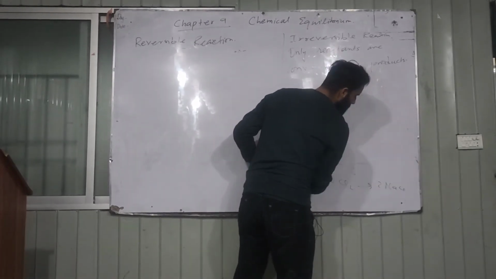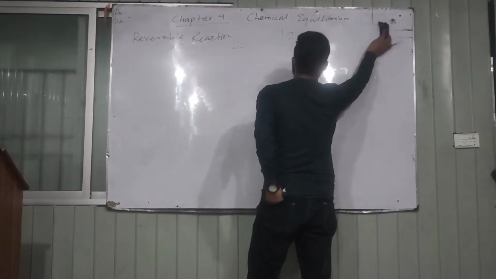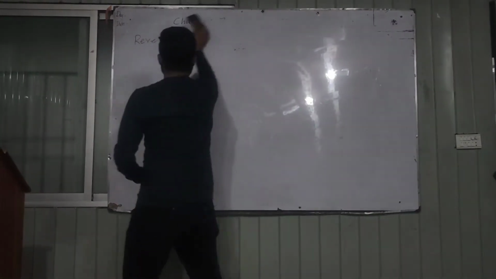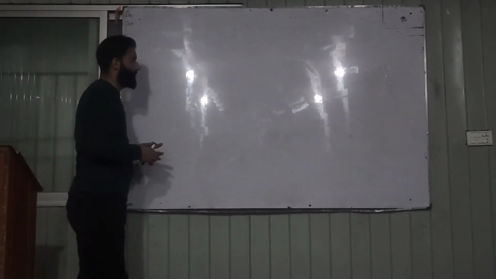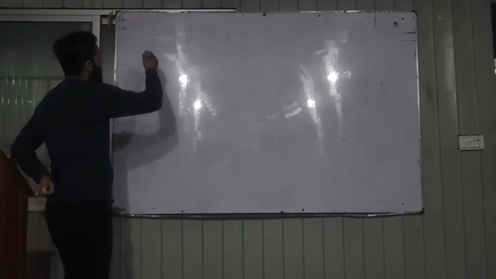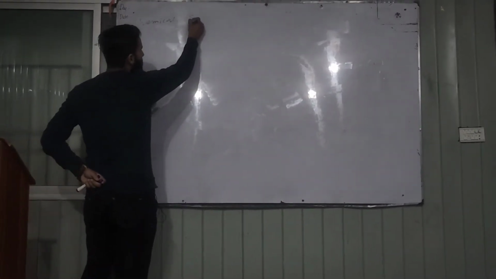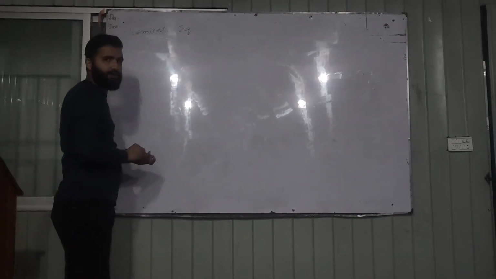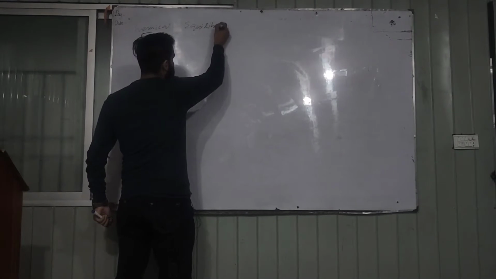So the next topic is chemical equilibrium. Most of the time we see the state of chemical equilibrium. Before discussing it, I would like to give some illustrations.